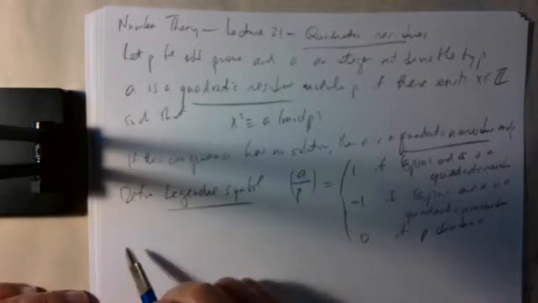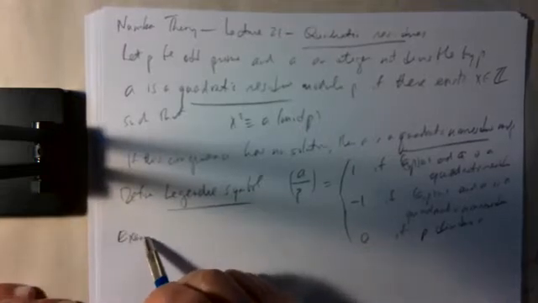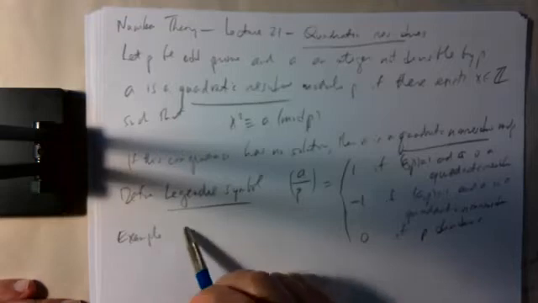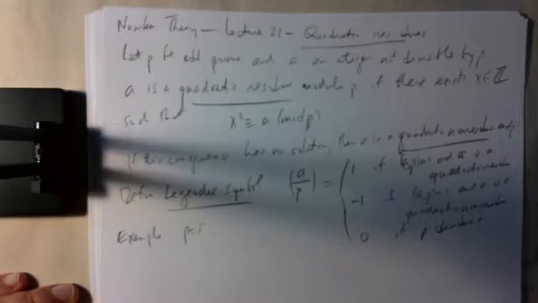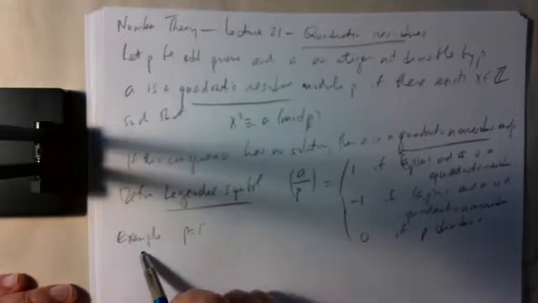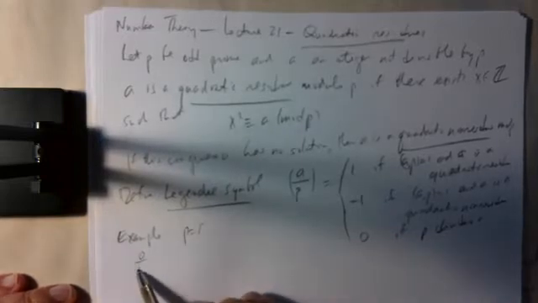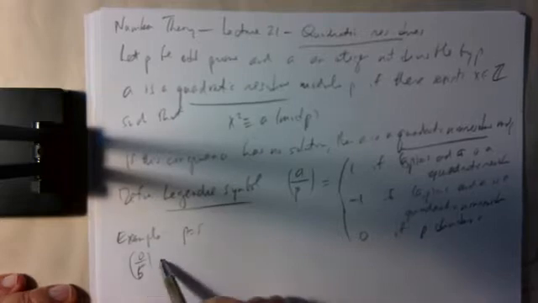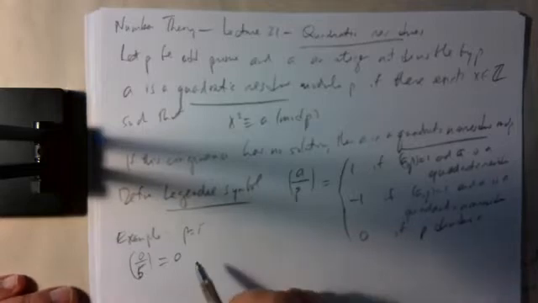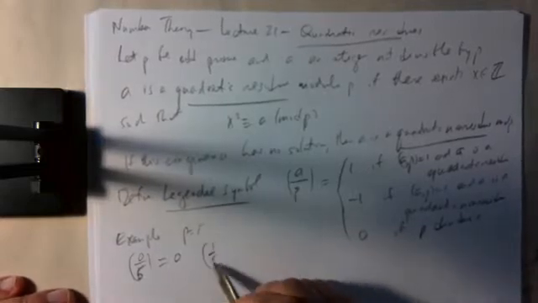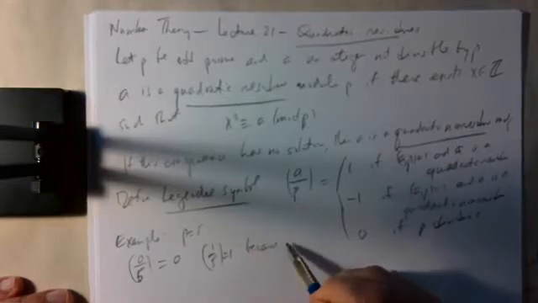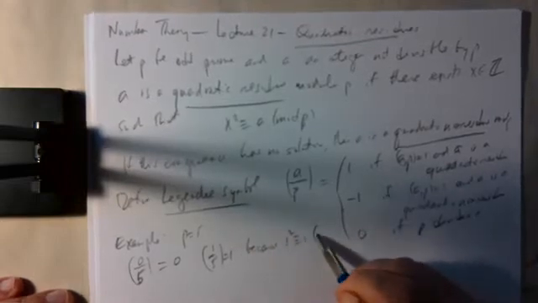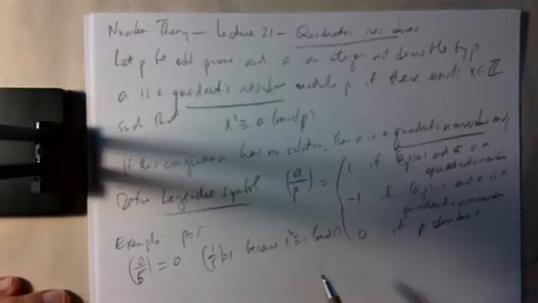So for example, suppose we take p equal 5. So 0 over 5, that's the Legendre symbol, is 0 because 5 divides 0. 1 over 5 is 1 because 1 squared is congruent to 1 mod 5.